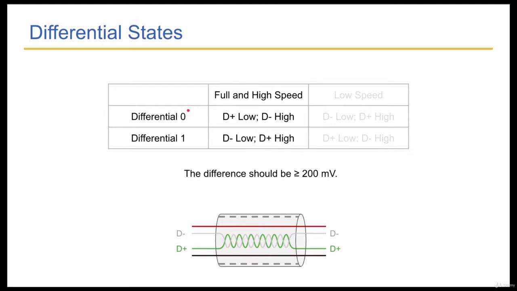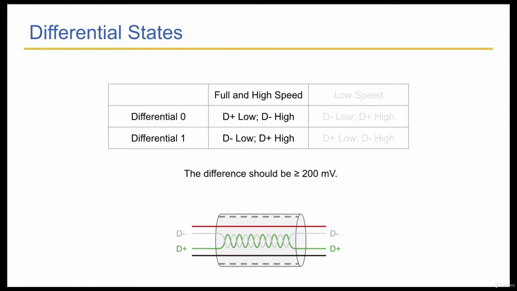So again, to send differential 0, the USB port applies high voltage on the D minus and low voltage on the D plus, and to send differential 1, the USB port applies high voltage on D plus and low voltage on D minus. Now you might be wondering, why do we need two lines to send 1 and 0 logical states?